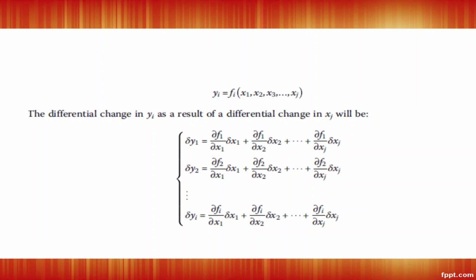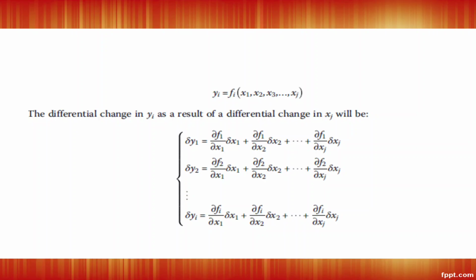So the Jacobian is a table of partial derivatives. Each derivative tells how much the output, that is the end effector position, changes when the input, that is the joint motion, changes. So we get the final output as a matrix. The first element, del y1 up to del yi, is the small change in the output. The partial derivatives dou f1 by dou x1 and so on form the Jacobian.